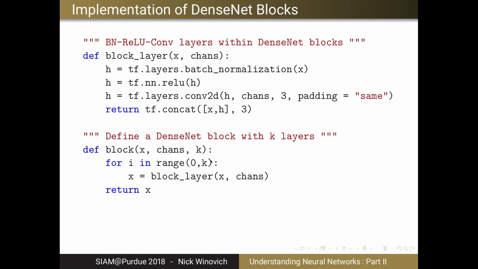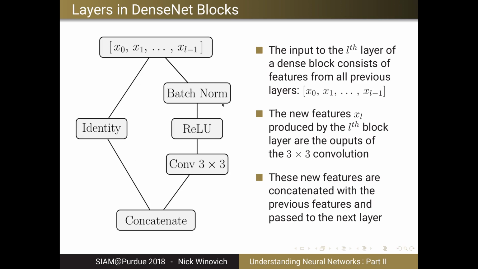And so to create a block with, say, k layers, we just repeat this by saying x is the block layer produced by x with the specified number of channels, and that x will be grown as this loop is executed.